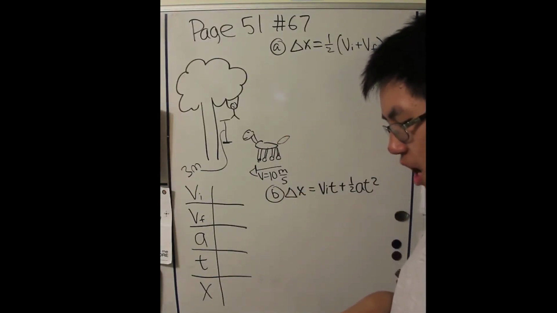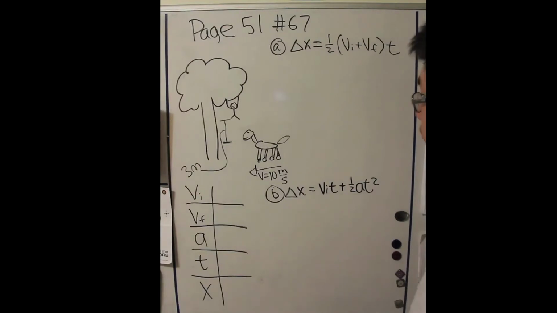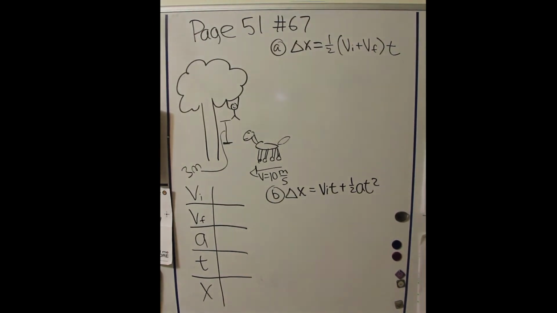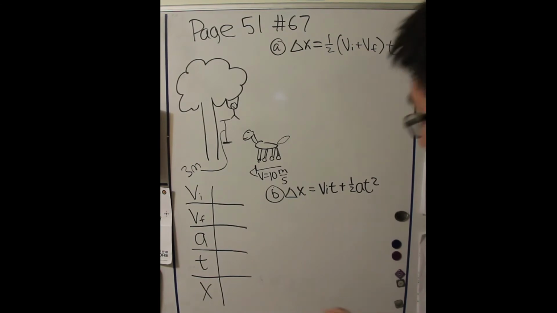Second problem. How long is he in the air? Well, first of all, we can calculate how much time it takes him to get from the tree to the saddle. We know he has to drop a total distance of 3 meters.